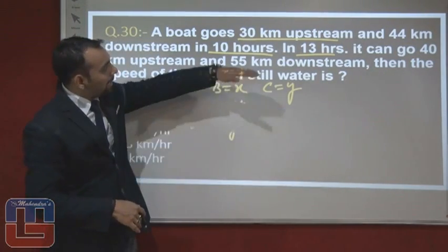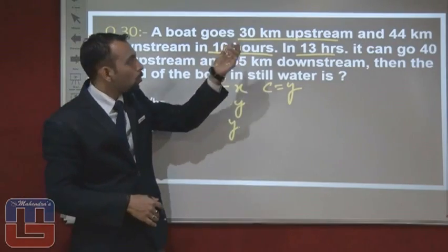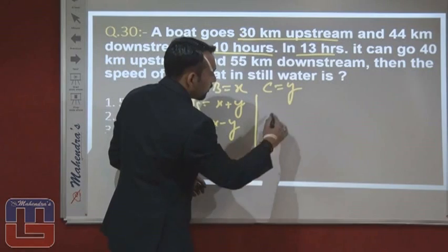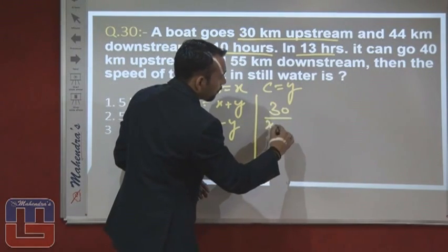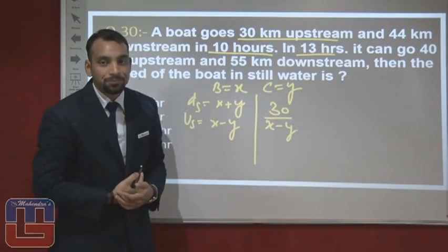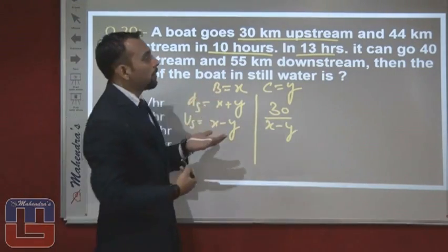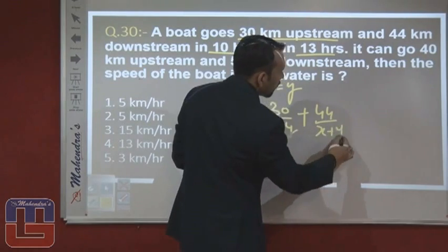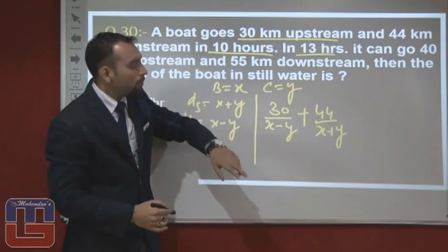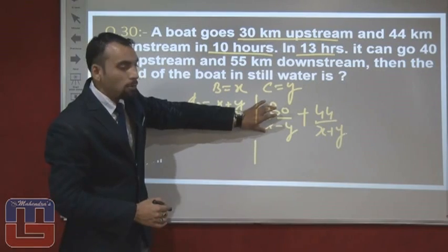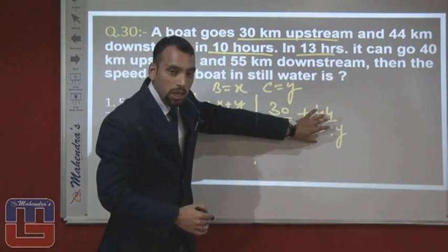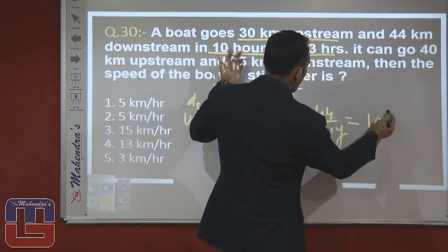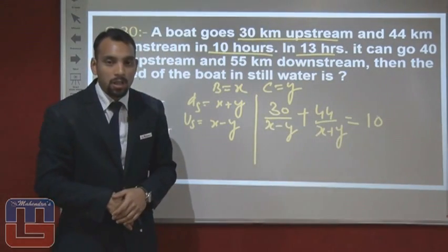In upstream, the boat is going 30 km, so the equation will be 30 upon x minus y. In downstream, it is traveling 44 km. Speed, time is equal to distance upon speed. This is the time of upstream, plus time of downstream. Total time is equal to how much? 10. This is the first equation.